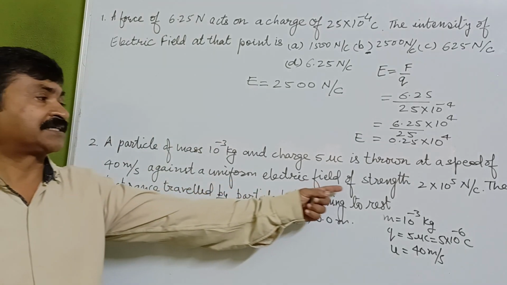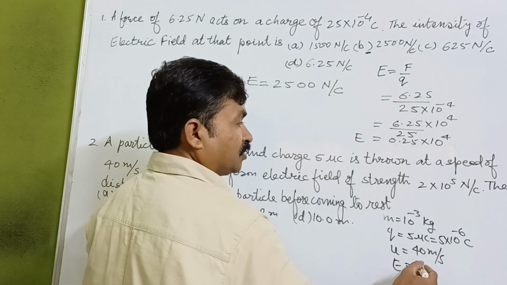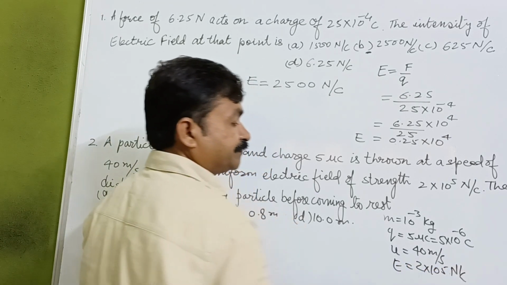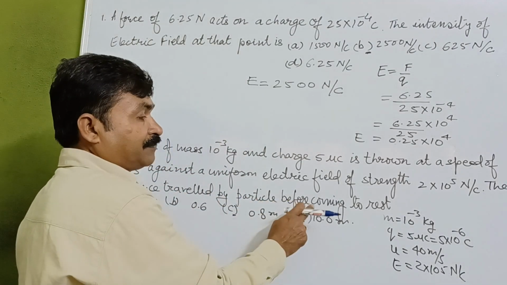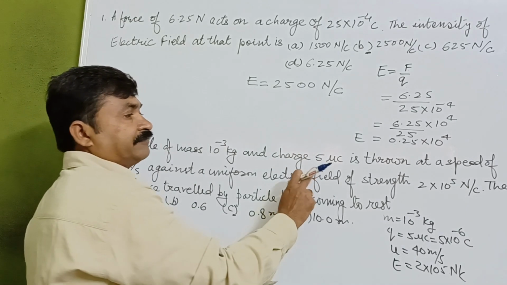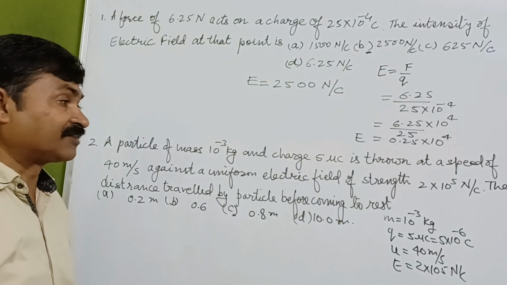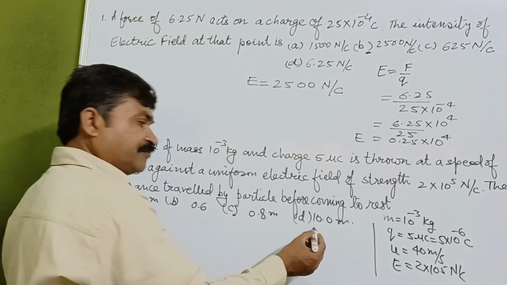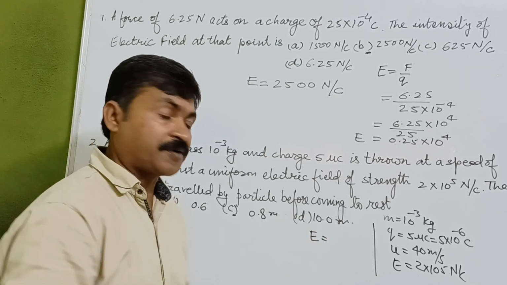The uniform electric field has strength E, also given to us, 2 × 10^5 Newton per coulomb. We need the distance traveled by the particle before coming to rest. Since it is thrown against a uniform electric field, it experiences a force, because the electric field is force per unit charge.